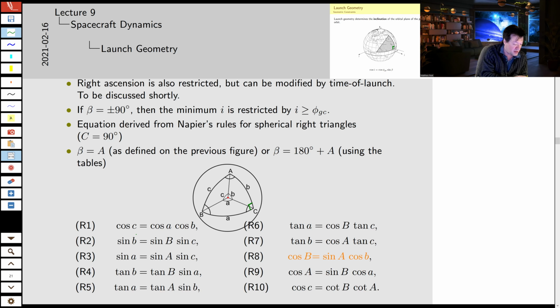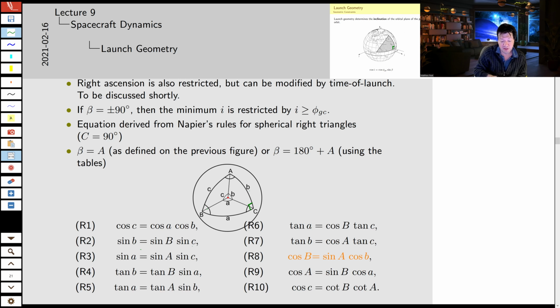So for example, given A and B, we can get C. Given B and C, we can get big B. And so as you see, given a right triangle and two angles, whether they're lengths or arcs or internal angles, we can get the third one.